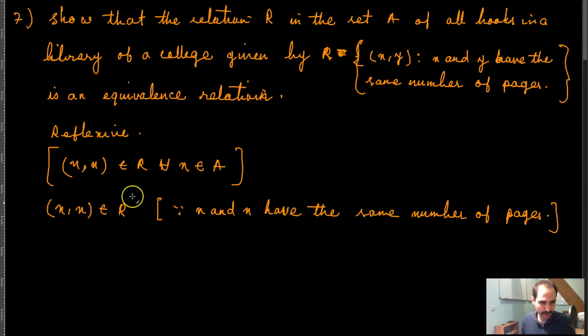So since (x, x) does belong to R, R is reflexive.